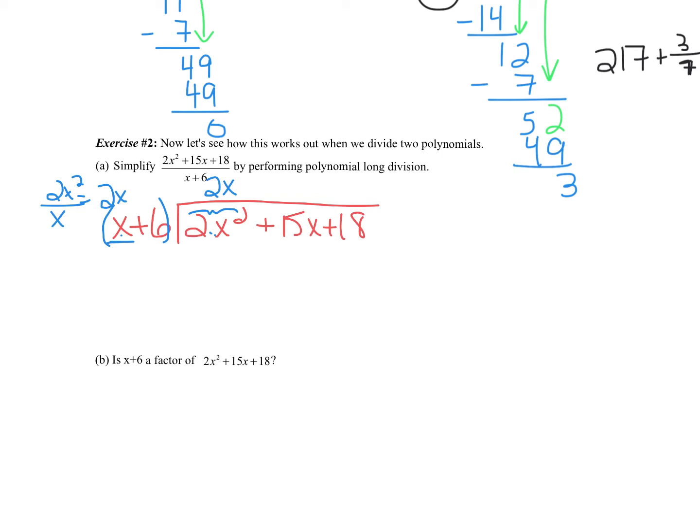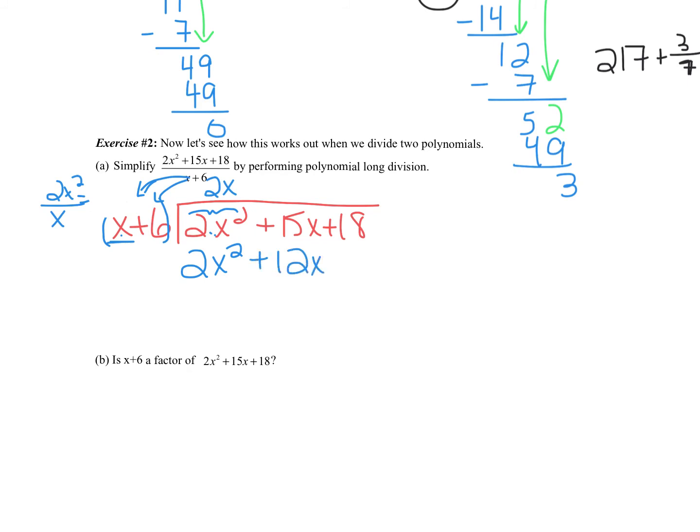So I'm going to draw arrows. We don't usually draw that, but the idea is I'm distributing it to these two. Erasing that just so we have a little more room and it doesn't look so confusing. So 2x times x is 2x squared, and 2x times 6 is 12x.